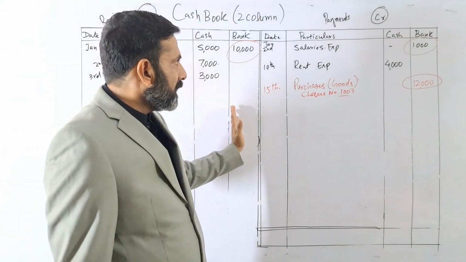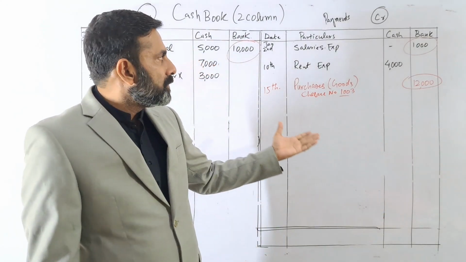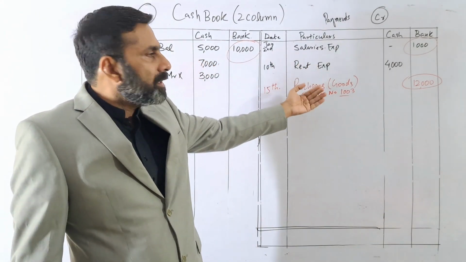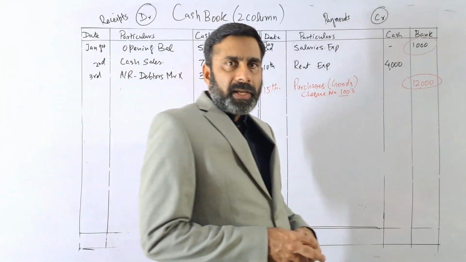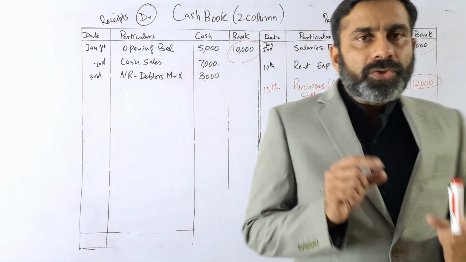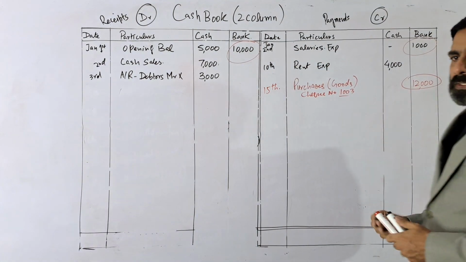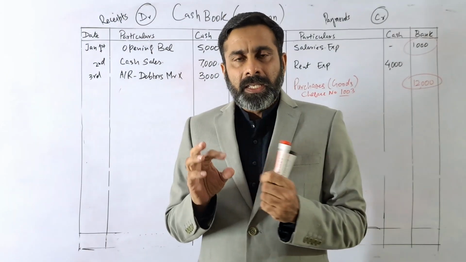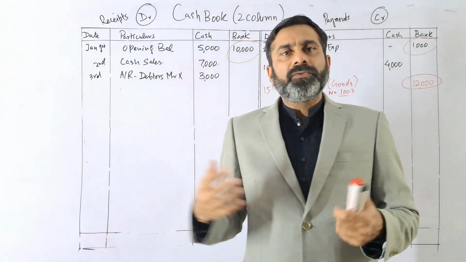The $10,000 was there, and $1,000 you had already paid by check as an expense. So $9,000 is available in your bank account. But you have issued a check of how much? $12,000. So what will be the effect? You have a balance of $9,000, but you are issuing a check of $12,000.